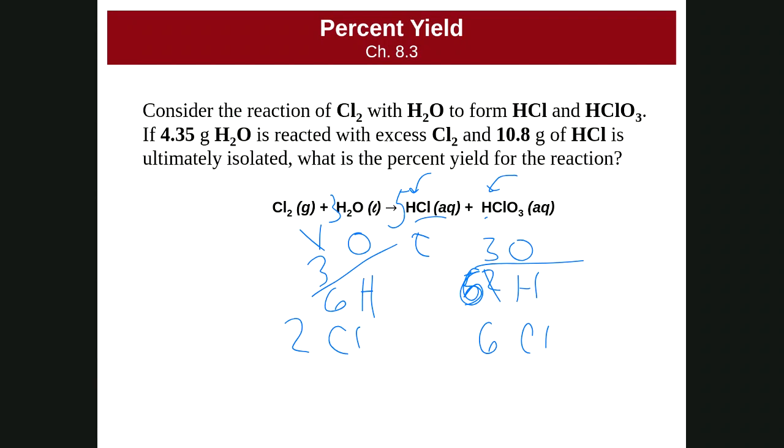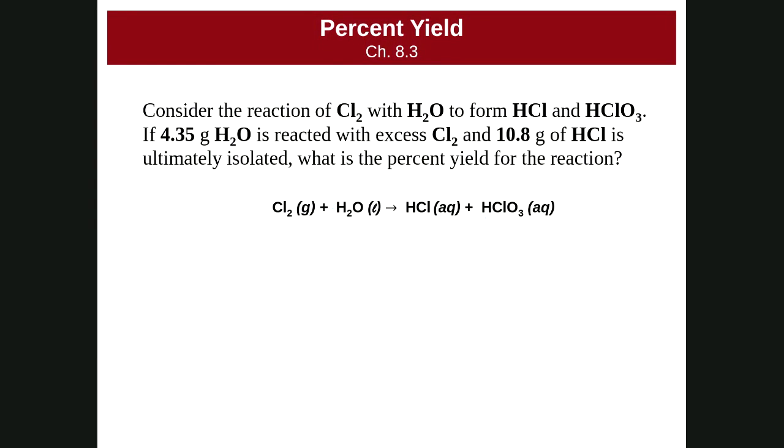This is the easy part to balance. Now, if we make 3 chlorine gases, 3 times 2 gives us 6 chlorine atoms. So now we are all balanced: 3, 3, 5, and 1. I'm going to erase that and rewrite it without all the messy stuff at the bottom. And now let's keep going.